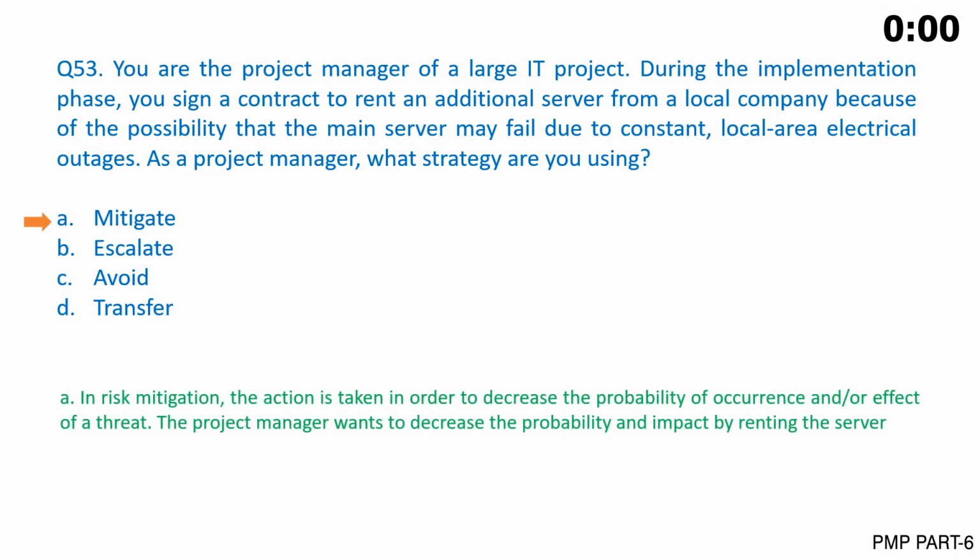The answer is A. In risk mitigation, the action is taken in order to decrease the probability of occurrence and/or effect of a threat. The project manager wants to decrease the probability and impact by renting the server.